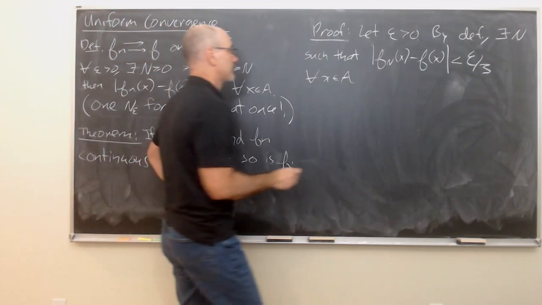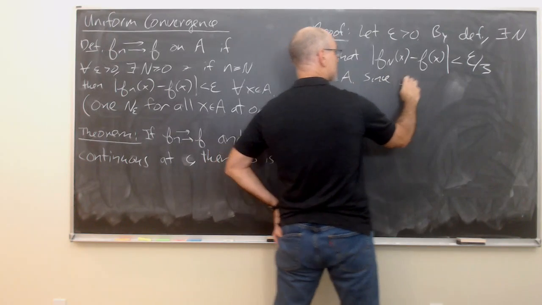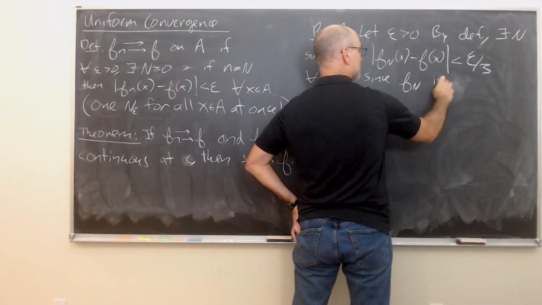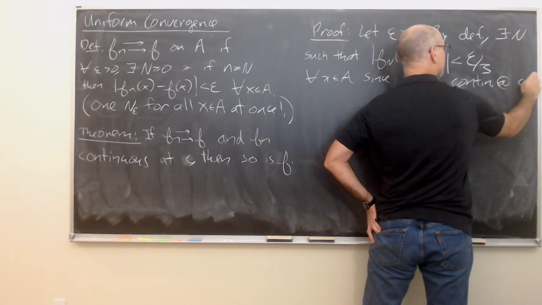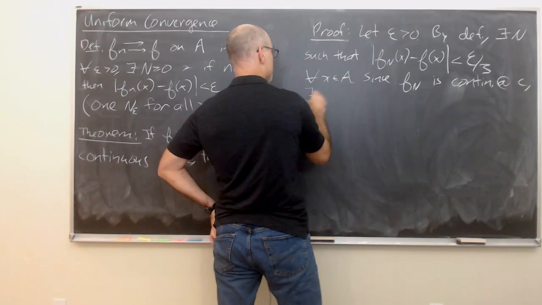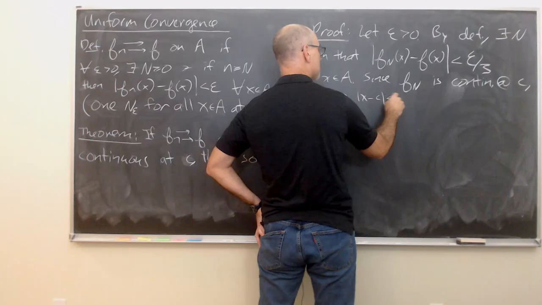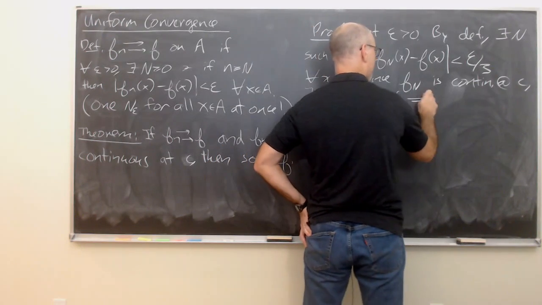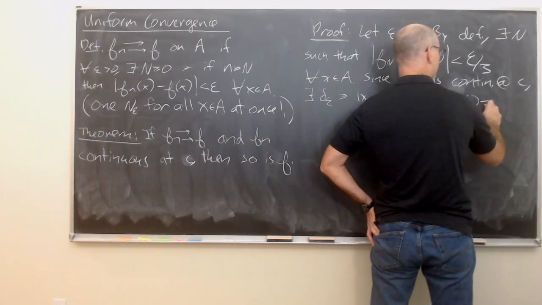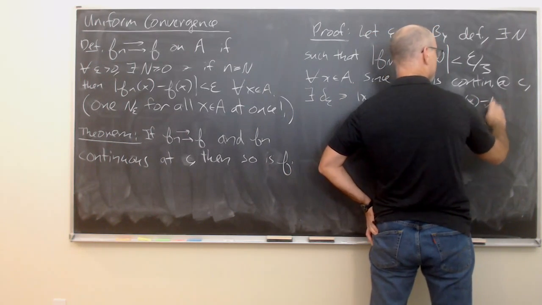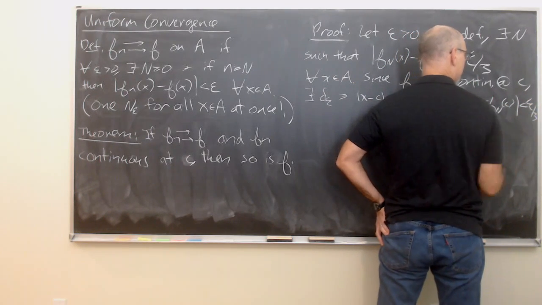Also, by definition, since this function f_N is continuous at c, there exists some delta such that |x - c| less than delta implies |f_N(x) - f_N(c)| is also less than epsilon over 3.